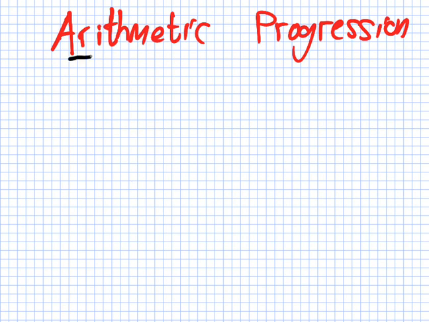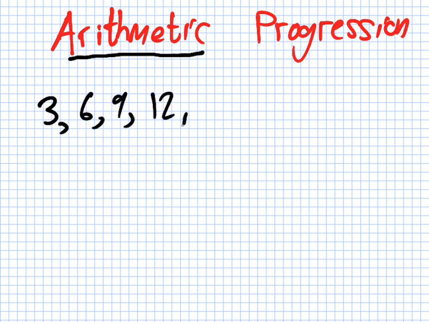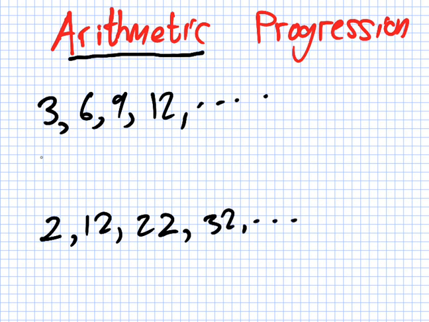Now, we had a look at sequences, and we're going to have a look at a very special type of sequence called an arithmetic sequence. Let me give you an example. 3, 6, 9, 12. Or for example, 2, 12, 22, 32, etc. How do I make the next number here?